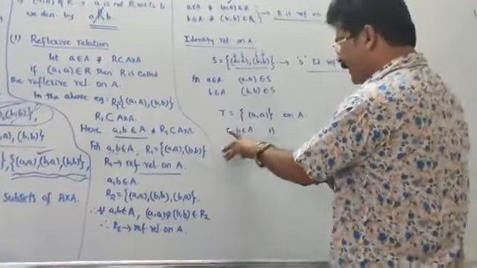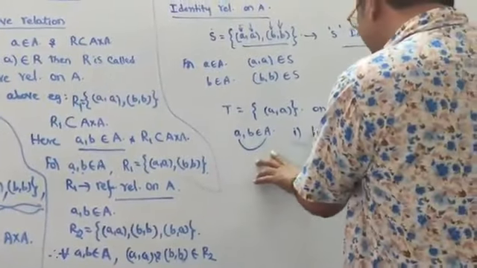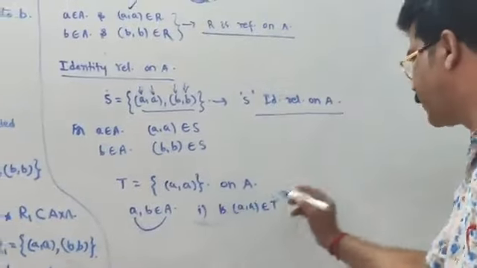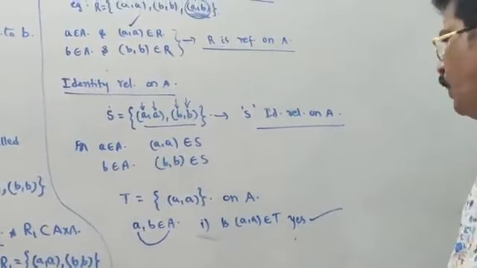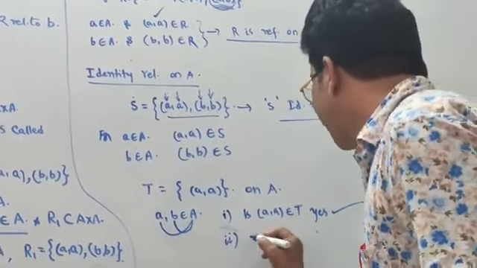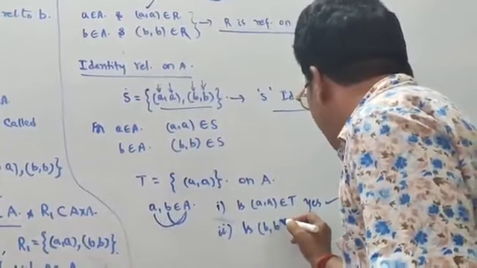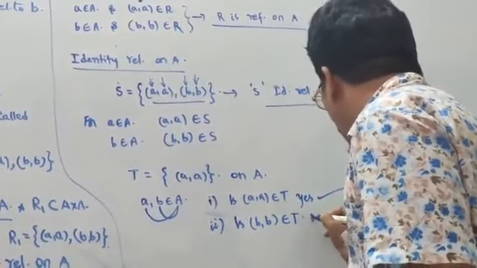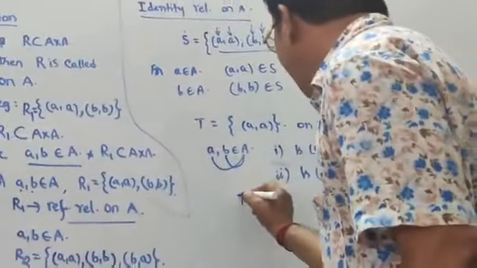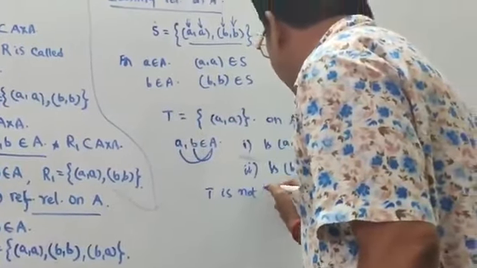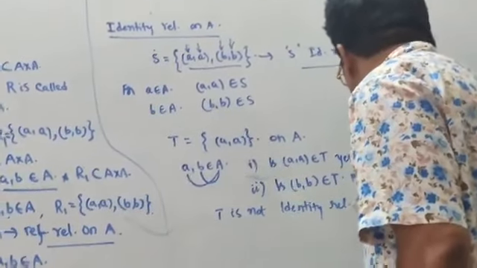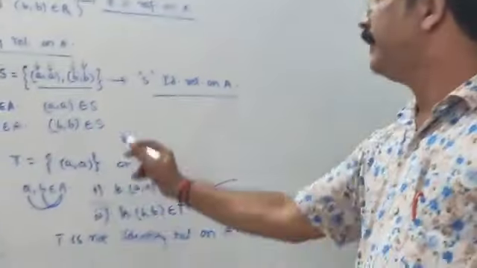Number 1: for a belonging to capital A, does (a, a) belong to T? Yes, your answer must be yes. Second question: for b belonging to capital A, does (b, b) belong to T? No. It is no. Therefore, T is not the identity relation on capital A. That is the difference.